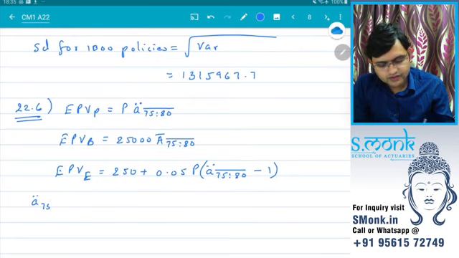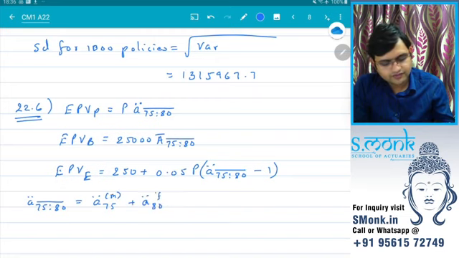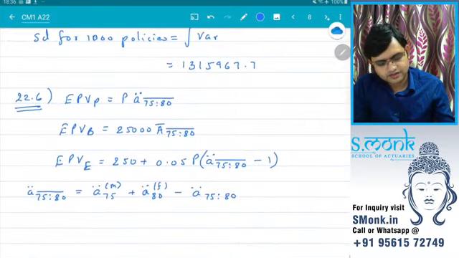So let's find a due 75, 80 bar. A due 75, 80 bar is a due 75 for male plus a due 80 for female minus a due 75, 80 joint.